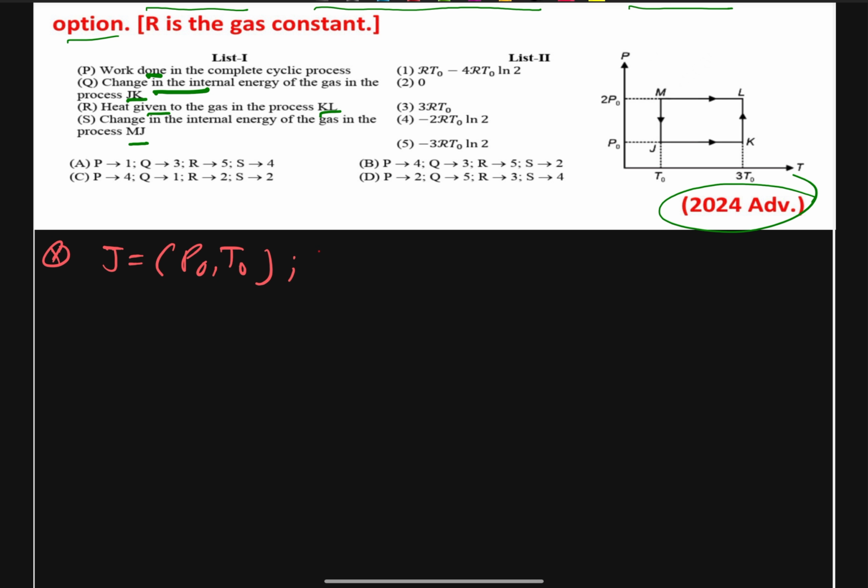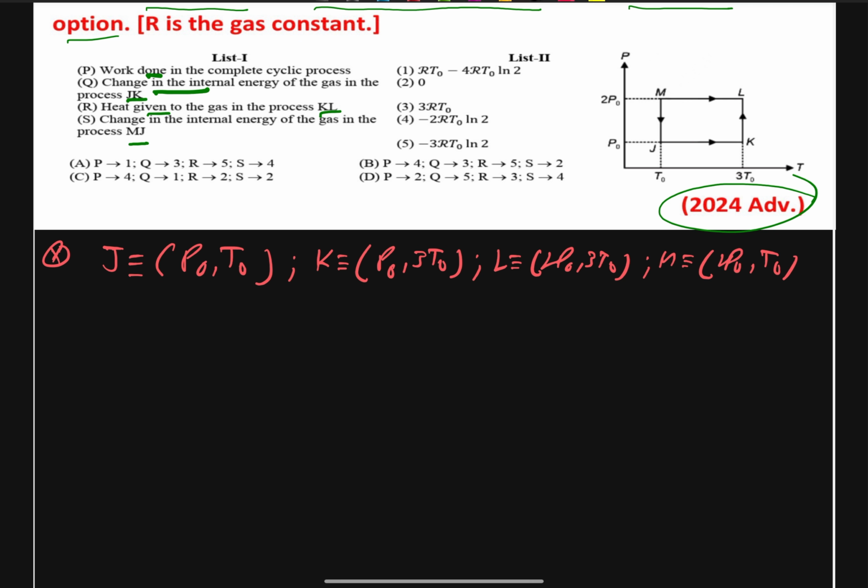We have K, and K is P naught, 3 T naught. And we have L, which is 2 P naught, 3 T naught. And we have M, which is 2 P naught and T naught.